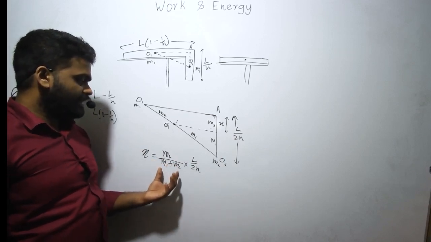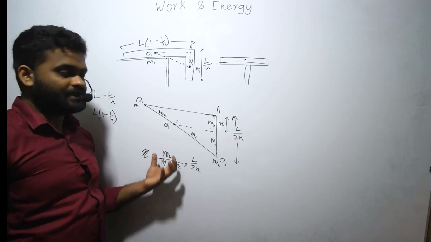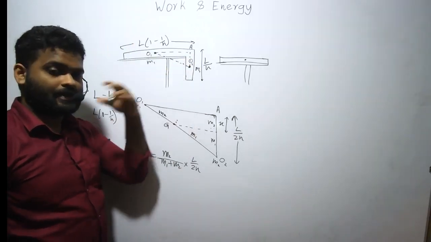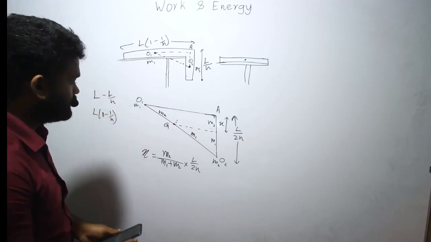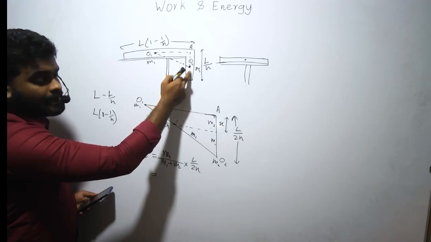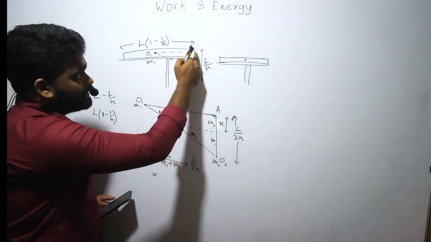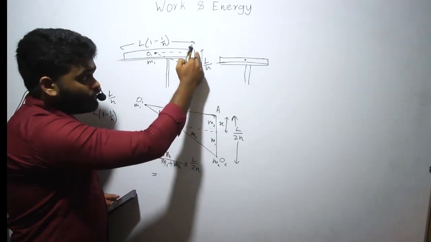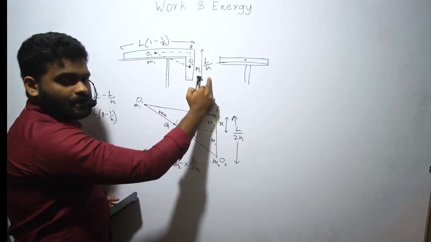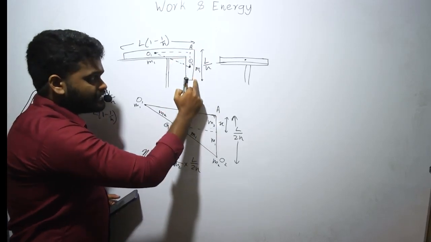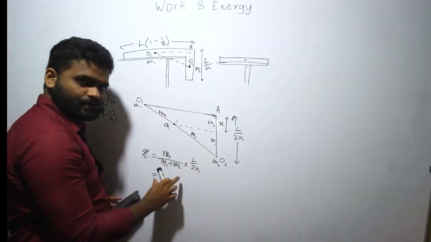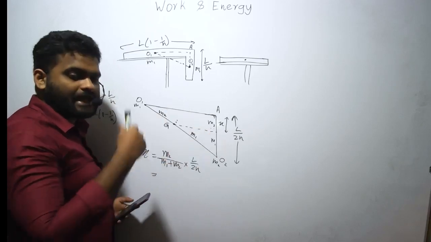But these M1 and M2 values should be in terms of what is given in the question. So we know that M2 here is proportional to the length of this whole part. The mass of this part is proportional to the length of this part. So instead of the mass here, you can use the length.